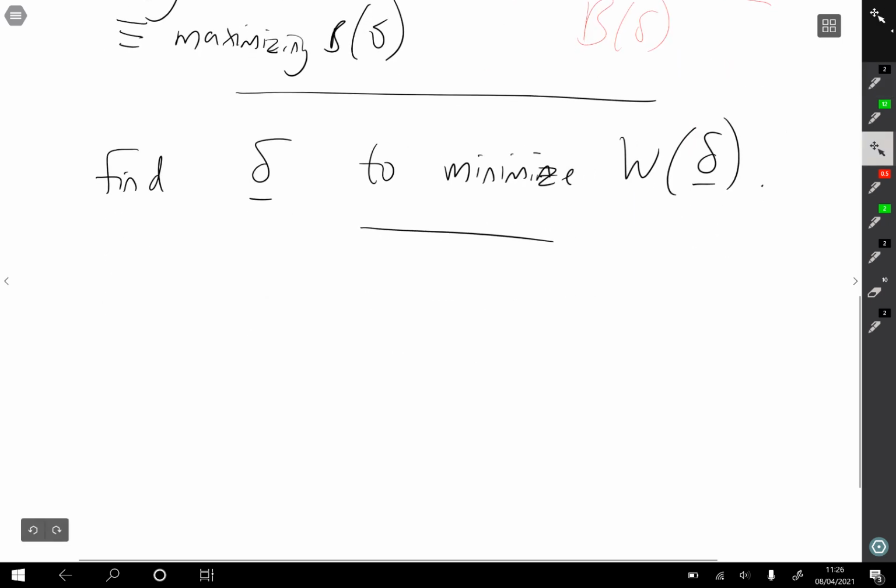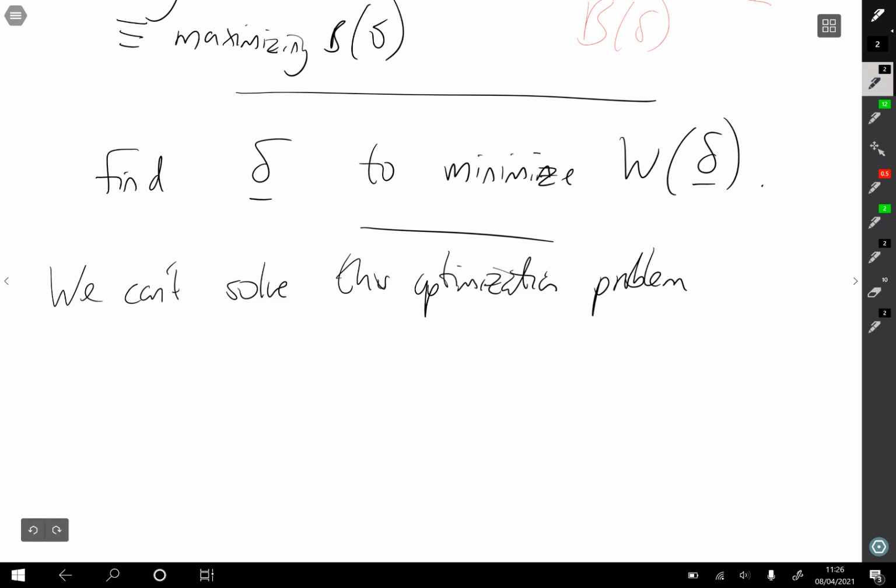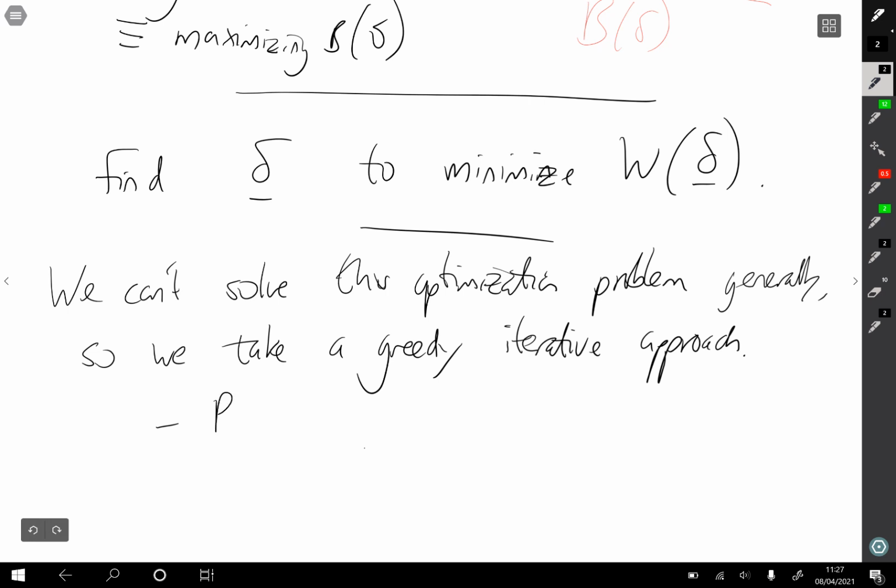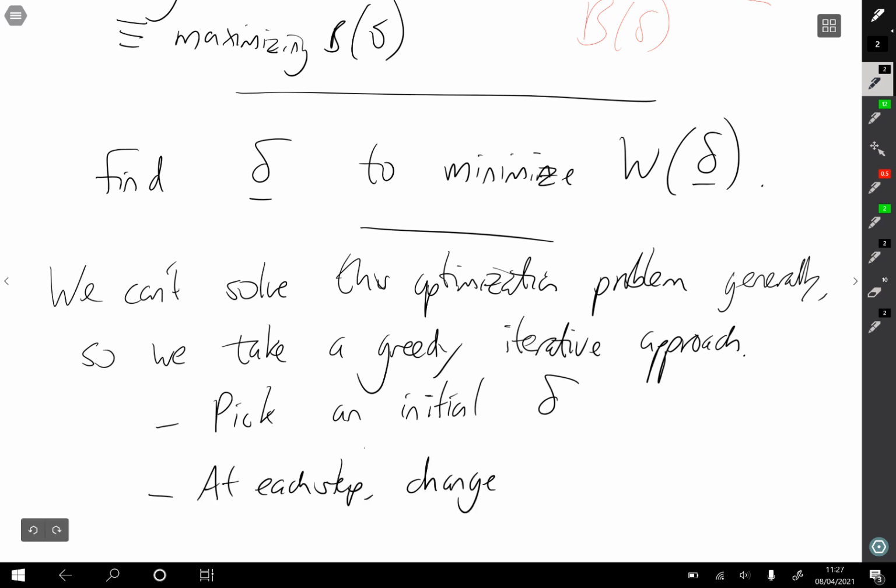Okay. So let's just say we can't solve this optimization problem generally. So we take a greedy iterative approach. The idea is we pick an initial allocation and then at each step change delta to decrease w of delta.